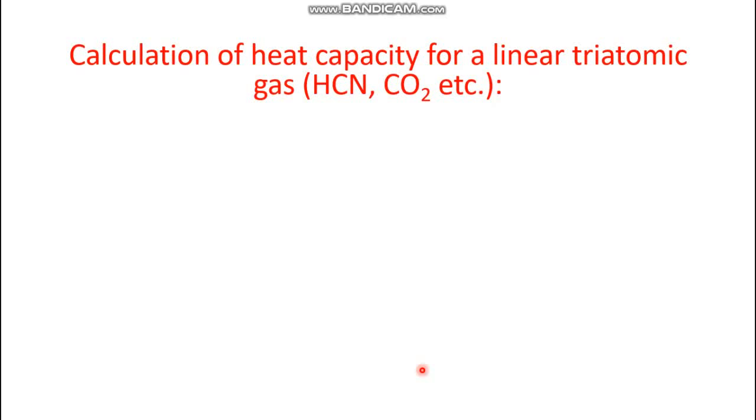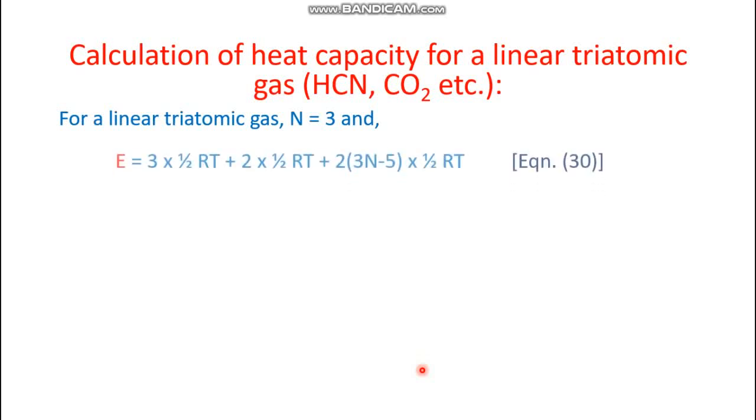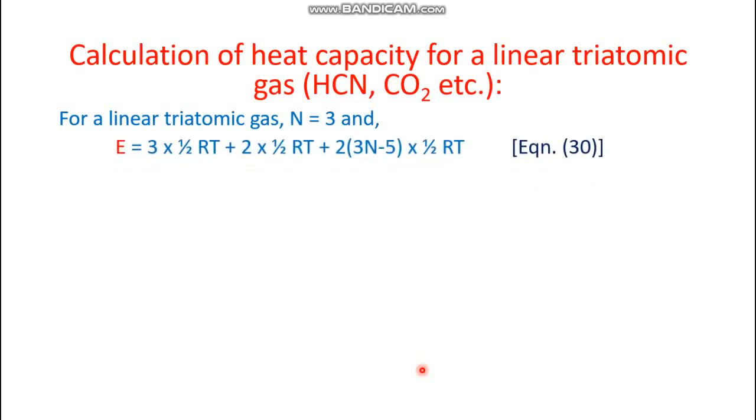Now let's calculate this for a linear triatomic molecule, for example HCN, carbon dioxide, etc. For all these molecules, the value of N is equal to 3. That is, there are 3 atoms, and in that case again we can apply equation number 30, and this is the expression.